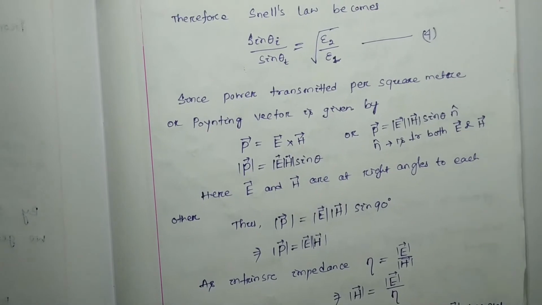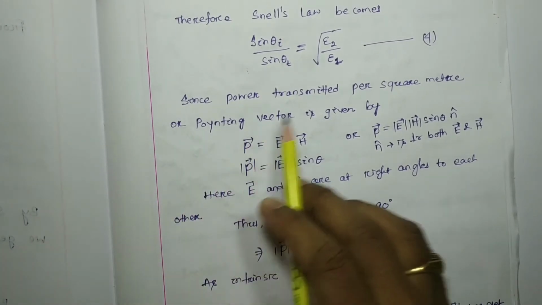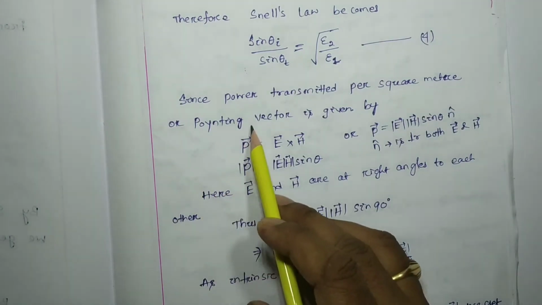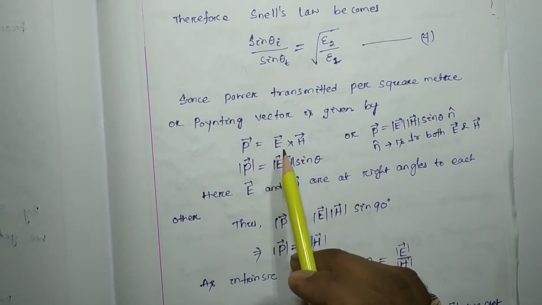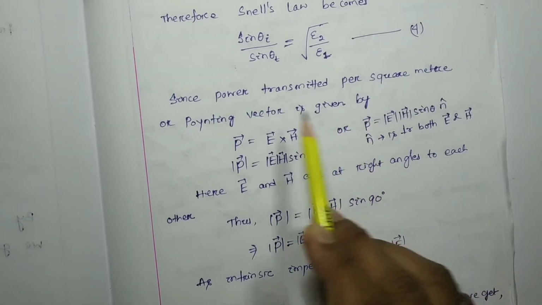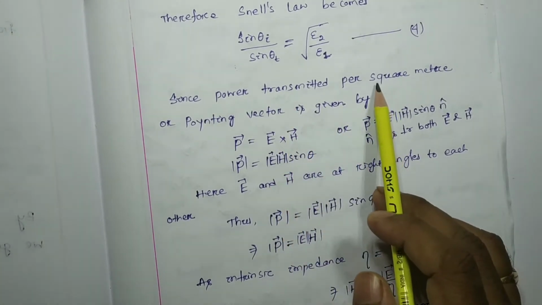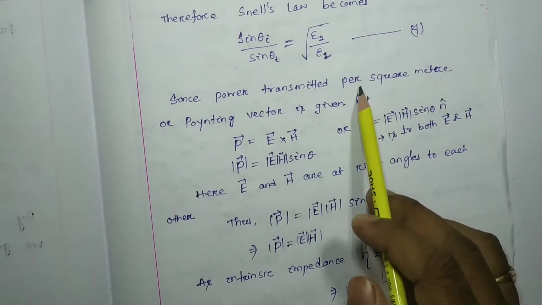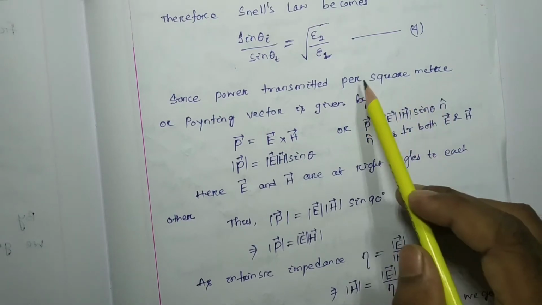Now, power transmitted per square meter, or the Poynting vector, is given by the following. The Poynting vector represents the power transmitted per unit area, that is per square meter.